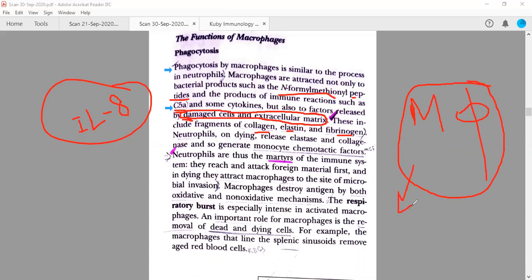And their performance will increase once they are activated.